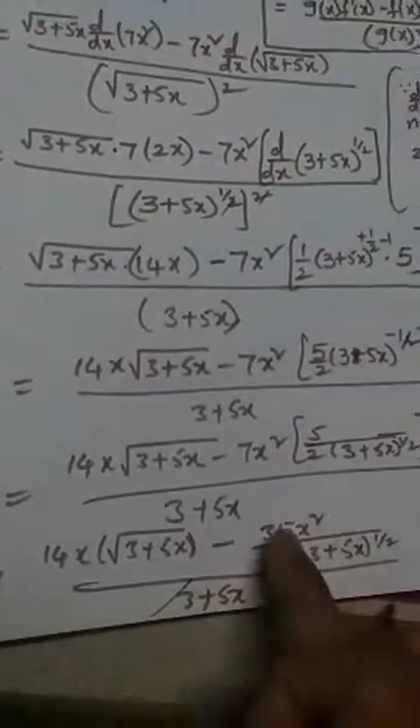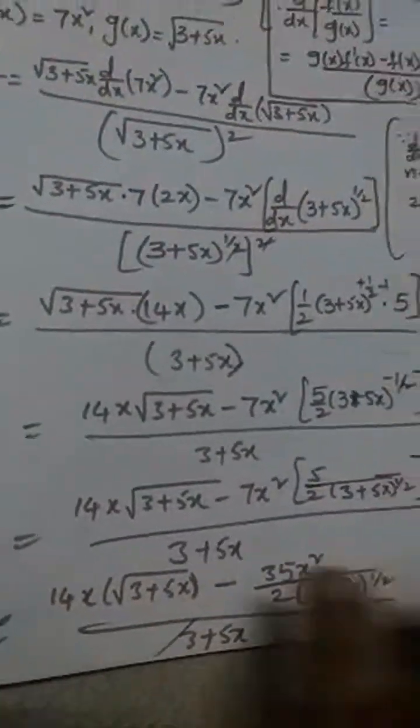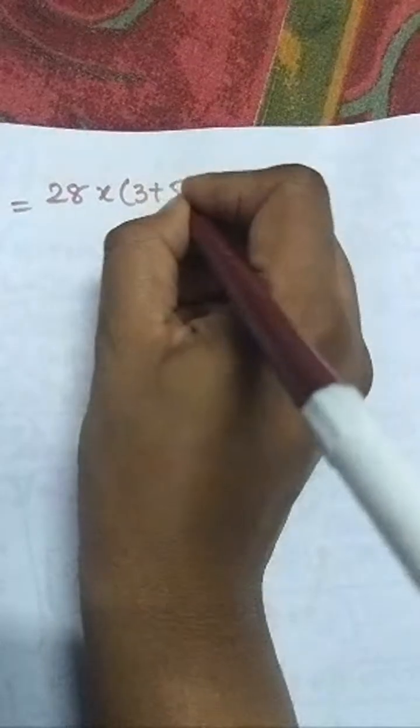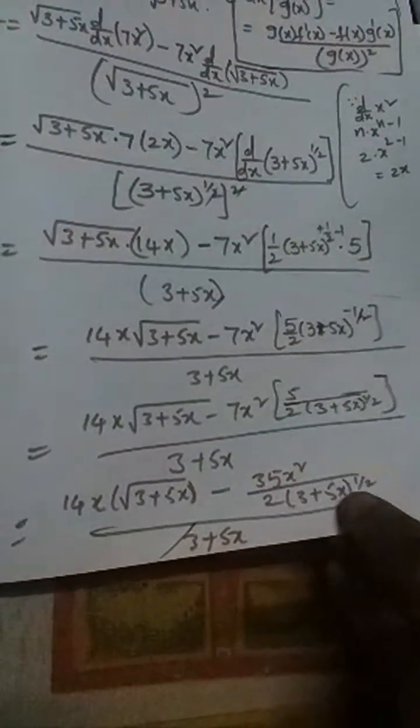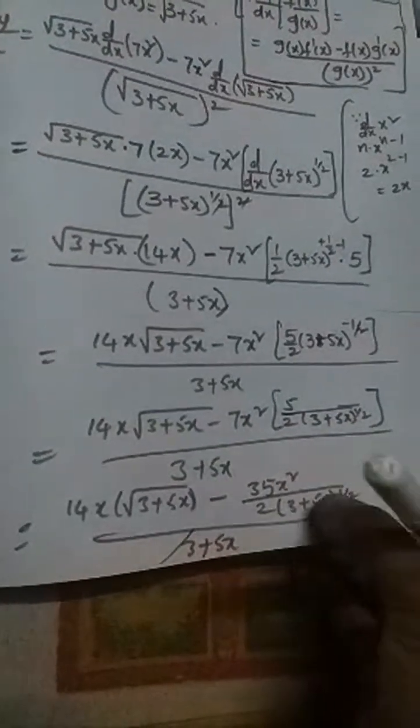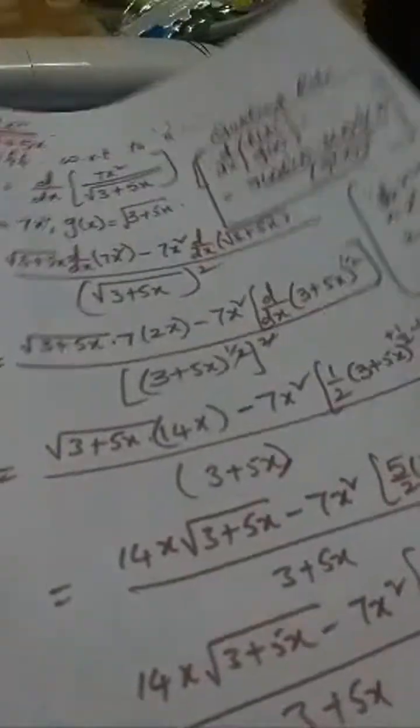Now taking the numerator, it becomes 28x into 3 plus 5x whole power, under root. This is also under root. I am converting 1 by 2 as root.